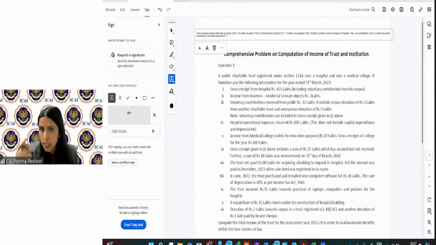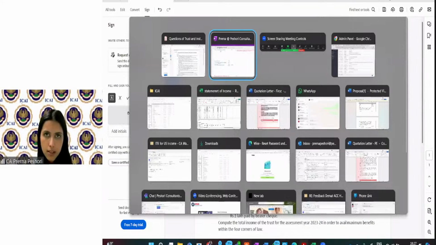Okay. Next is income from medical college solely for educational purpose, rupees 10 lakh. Gross receipts of the college for the year is rupees 100 lakhs. Now what you will do in this case?